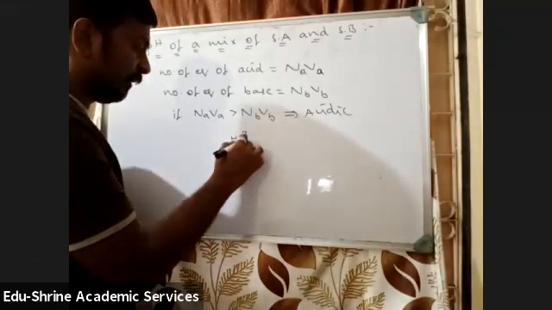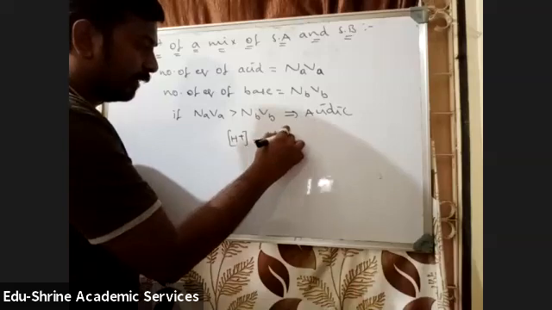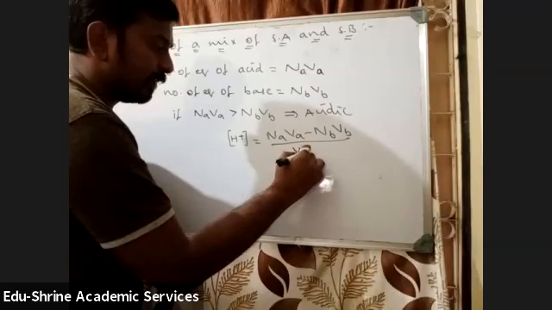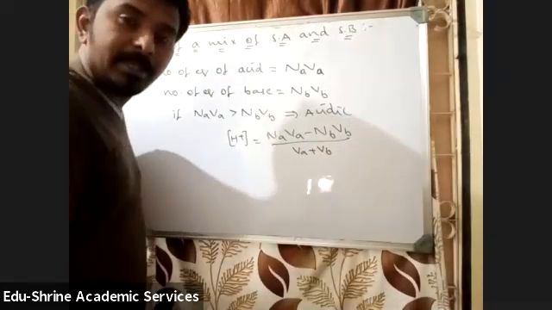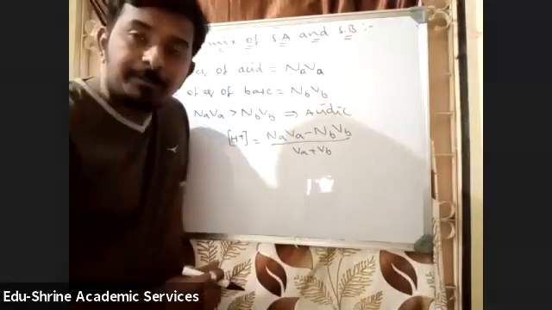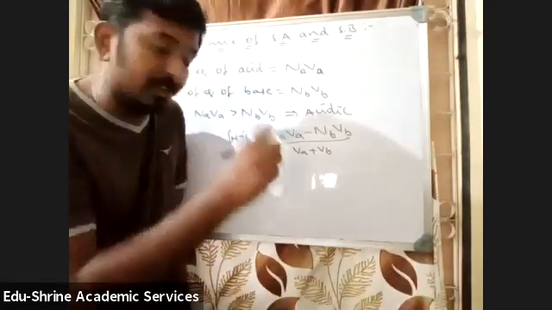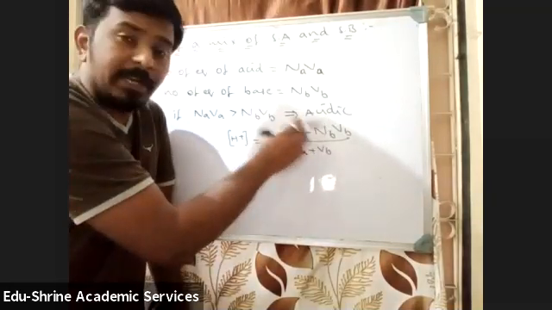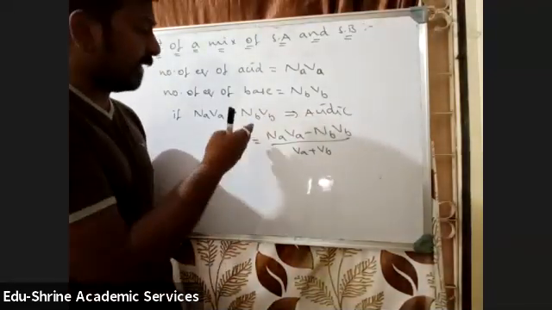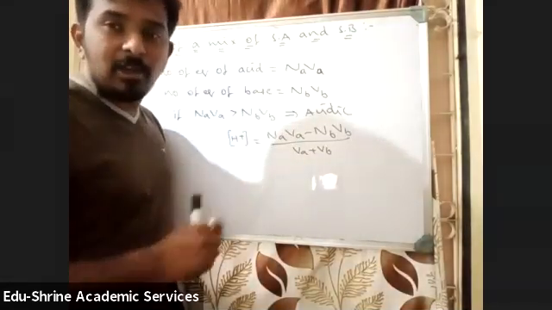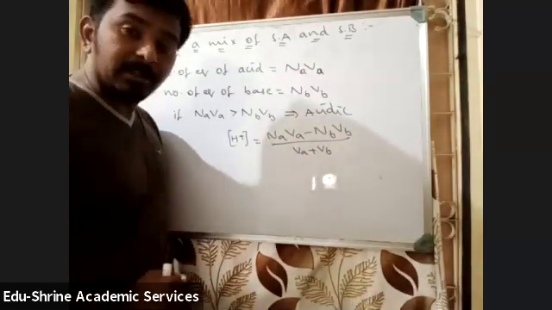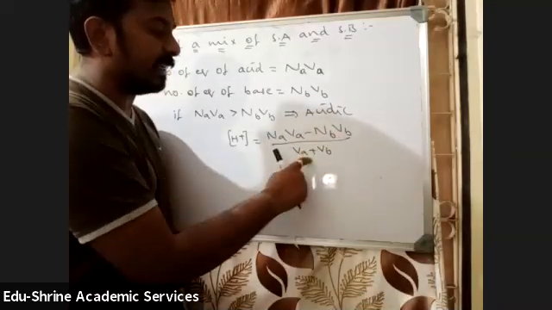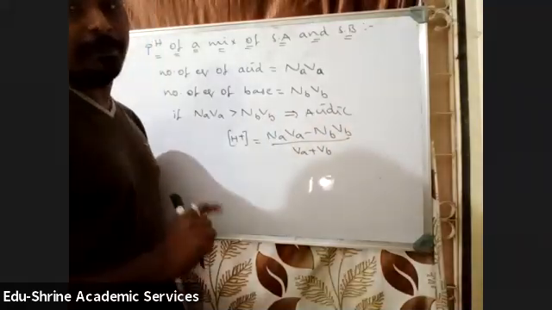So the concentration of H plus ions will be equal to NaVa minus NbVb by Va plus Vb. I already said in the last class when to add and when to subtract. When two solutions are of the same nature, you add the equivalents or moles. When they are of different nature, you subtract them. Here one is acid and one is base, both exactly of opposite nature, so you are subtracting. So H plus ion concentration is equal to NaVa minus NbVb by Va plus Vb.